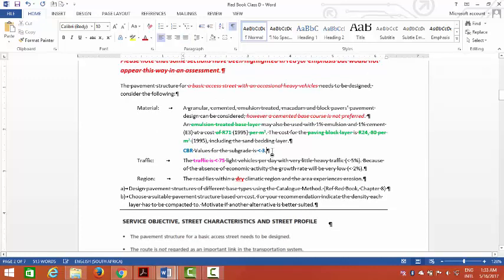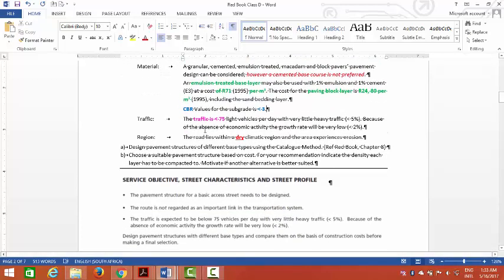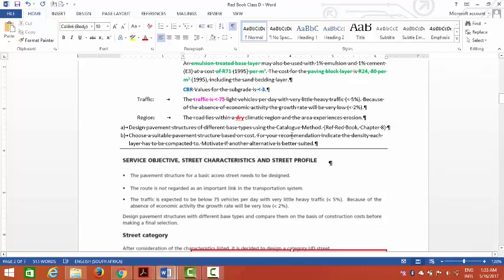This is typical of low order roads, so typically we're just going to treat the in situ material toward being a CBR of less than 3. The traffic is described as less than 75 vehicles per day, with very little to no heavy traffic, and the growth rate will be mostly less than 2%, and the region is described as dry.